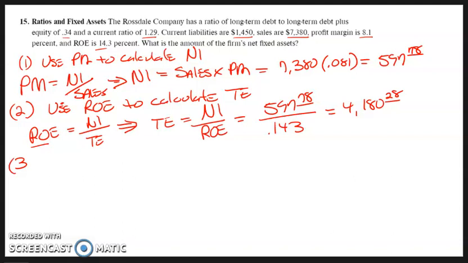So next we're going to use the long-term debt to long-term debt plus equity ratio to calculate long-term debt. I'll abbreviate long-term debt as LTD: LTD divided by LTD plus total equity.